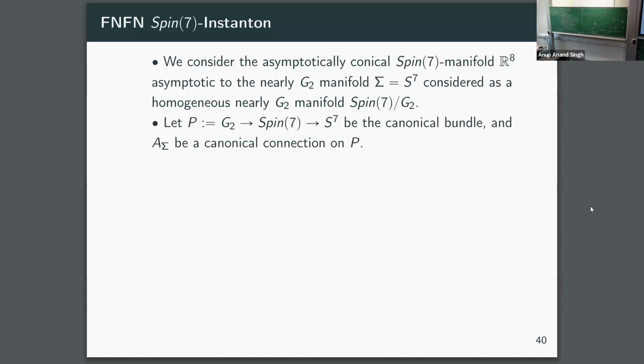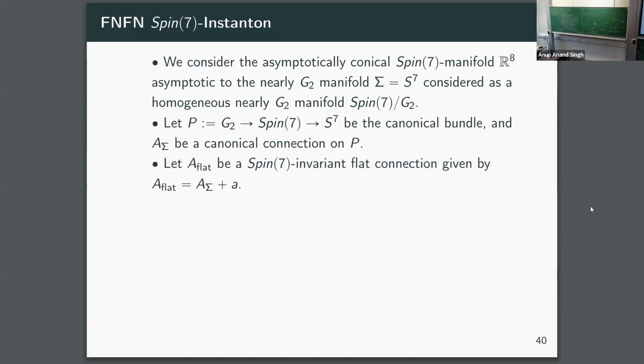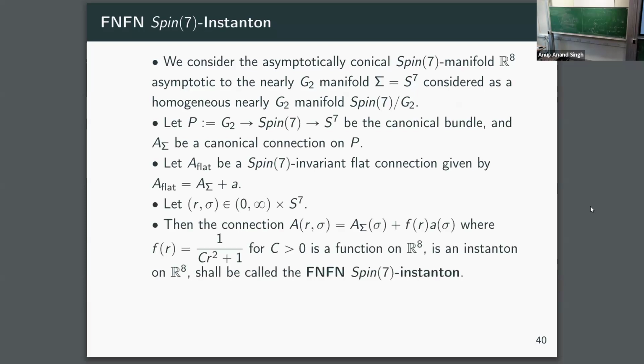And then I have this canonical bundle over S^7 and the canonical connection A_sigma. So I'll start with an ansatz: A to be A_sigma plus some function f(r) times a_r.